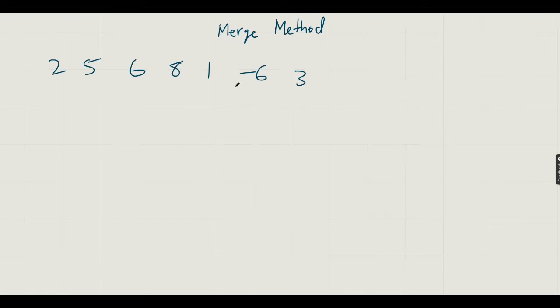Okay, so first I would probably find the smallest number, which is -6 right here, and then write it down. Then from the remaining numbers, I would find the next smallest, which is 1, and write that down, and then just continue in this manner.